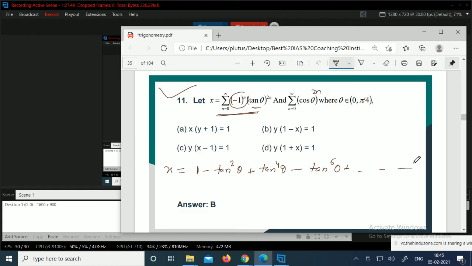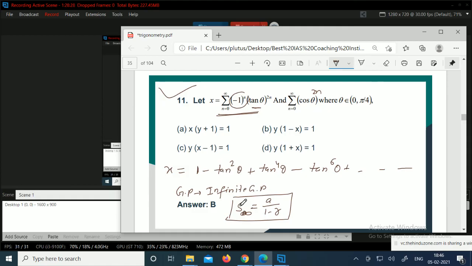So what is the sum of an infinite GP? What is the formula for the sum of an infinite GP? If we have an infinite GP, then the formula is A upon 1 minus R. We call it S infinity, the sum for infinite terms.